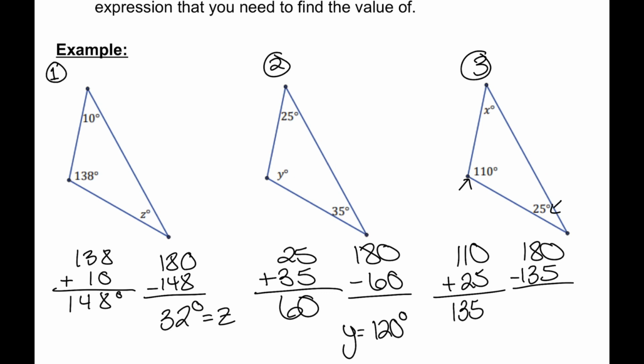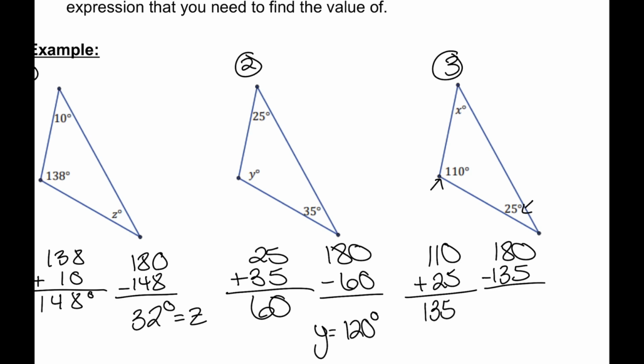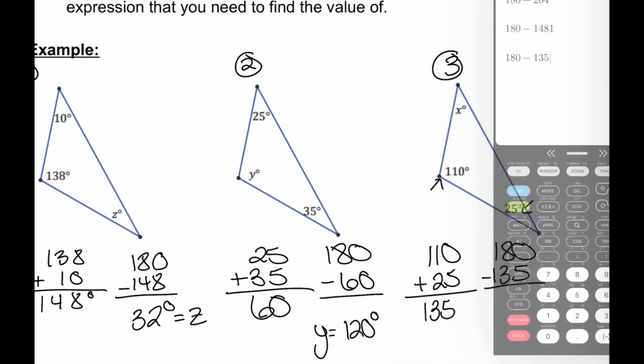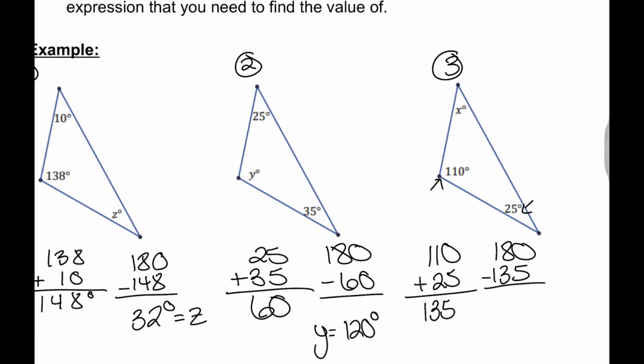Remember, you can do it by hand, or you can use your calculator, whatever makes you feel comfortable. So we had 180 subtract 135, and we found out that that one is going to be 45. So we'll have x is equal to 45 degrees.